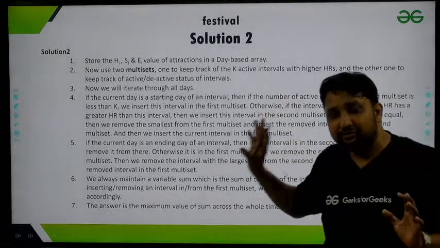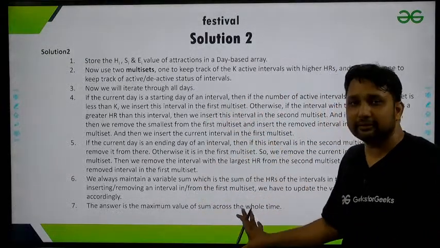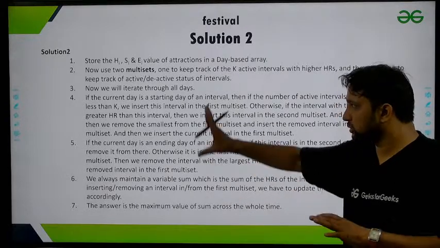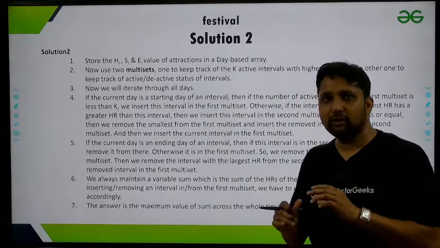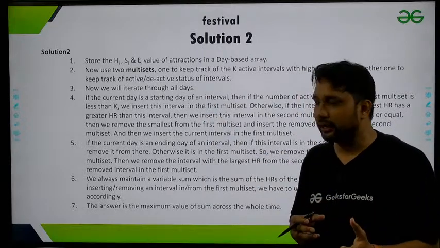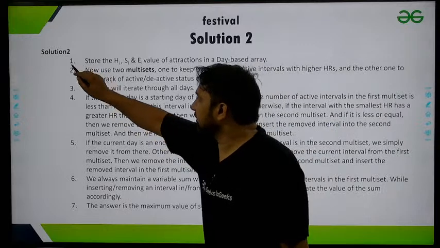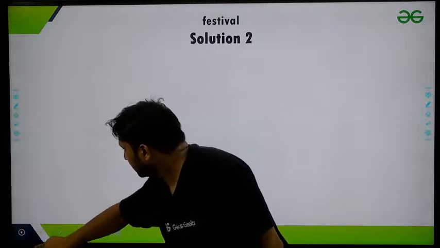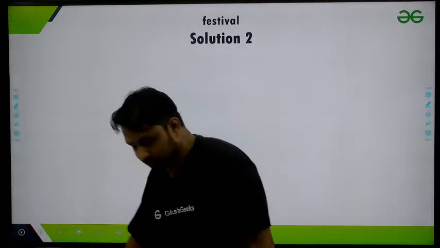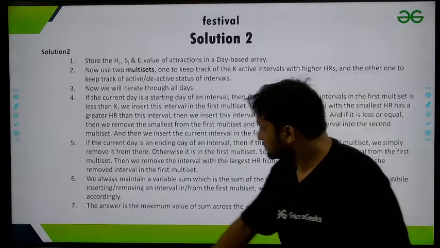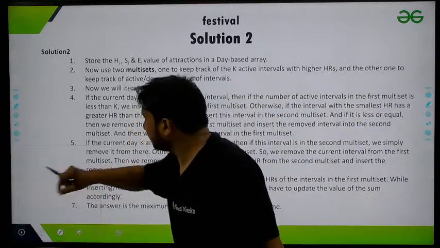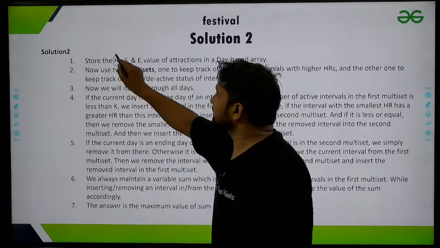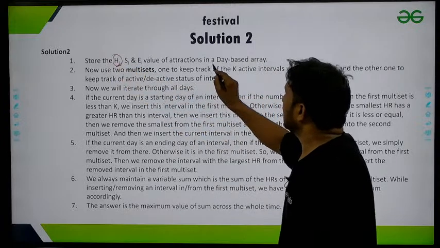Whatever I have explained is written here. This is what we have done, so you can relate somehow. I'm taking two more minutes to explain these points so that you can connect more. In the first step, you are storing happiness on a day basis.